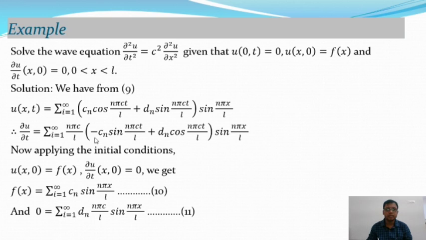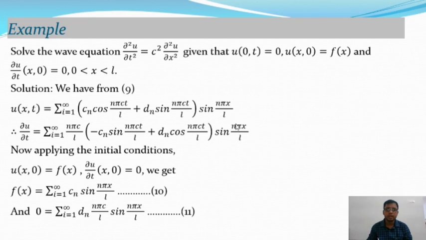So from this, now we apply the initial conditions, that means u(x, 0) is equal to f(x), and ∂u/∂t (x, 0) is equal to 0. From the above equation we get f(x) is equal to the summation over n = 1 to infinity. When you put t is equal to 0 in that equation, sin 0 is 0 and cos 0 is 1, and the derivative term is 0.